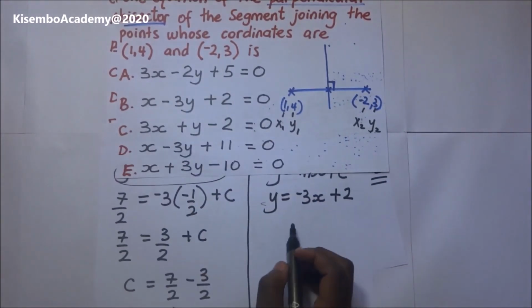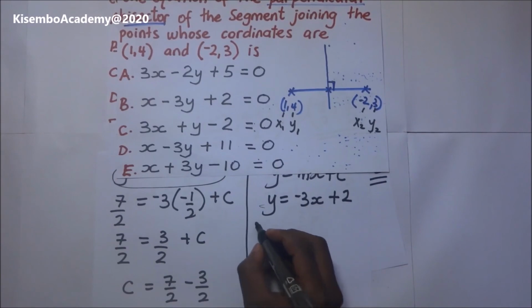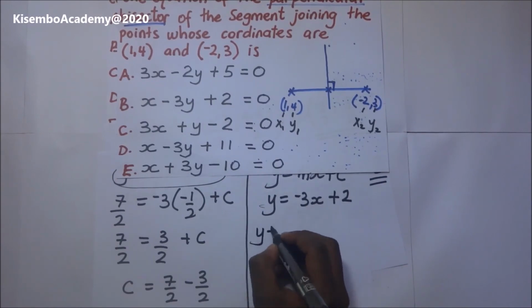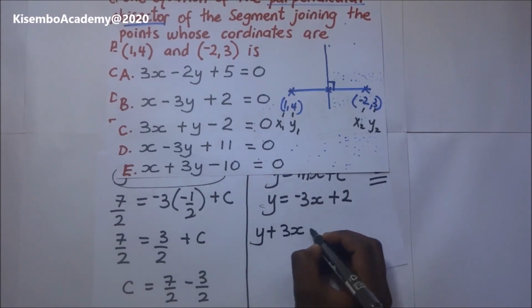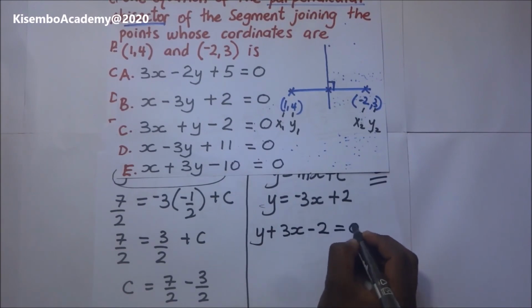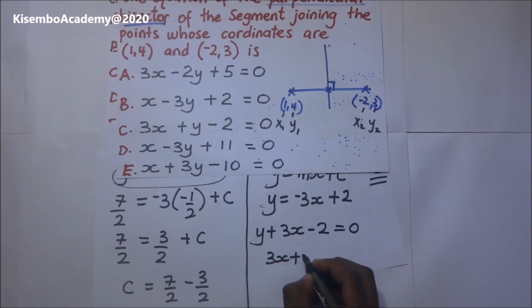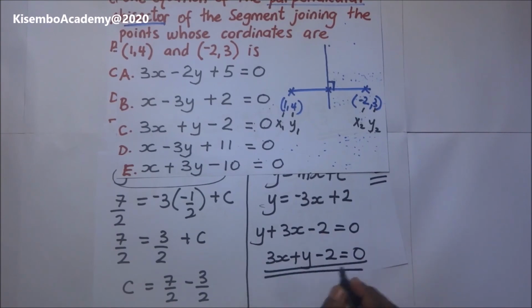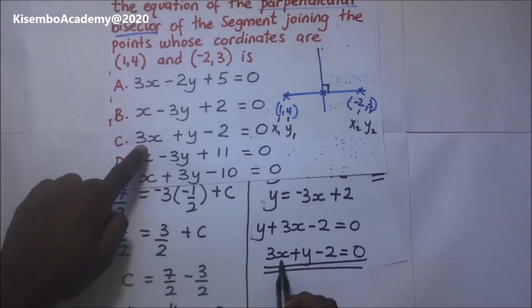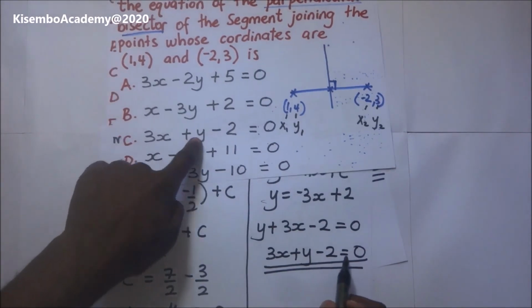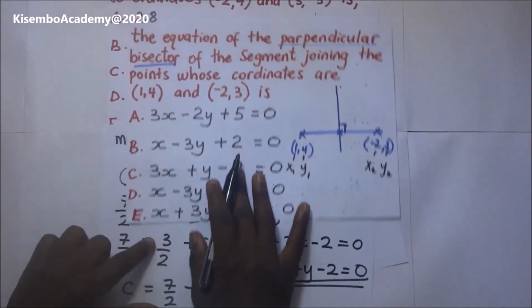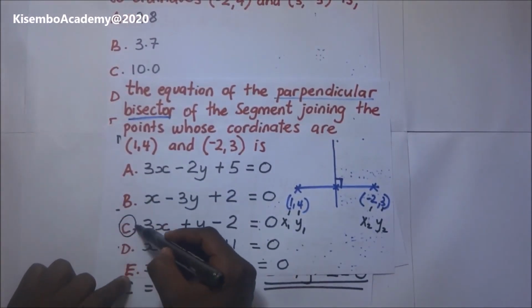So this becomes y plus 3x minus 2 is equal to 0, which is the same as 3x plus y minus 2 is equal to 0. If you look at this equation, 3x plus y minus 2 is equal to 0, our answer here is C.